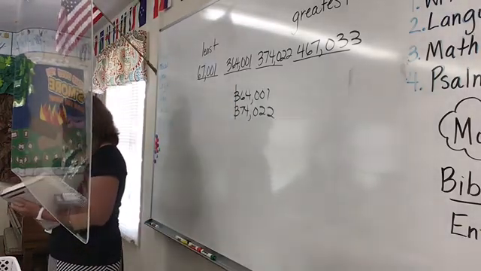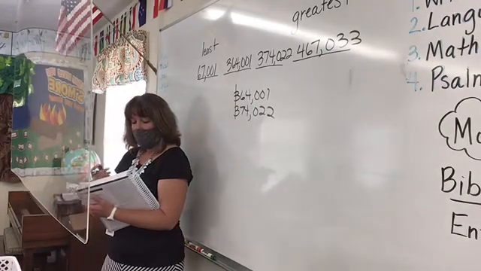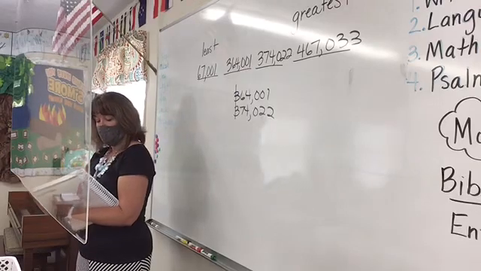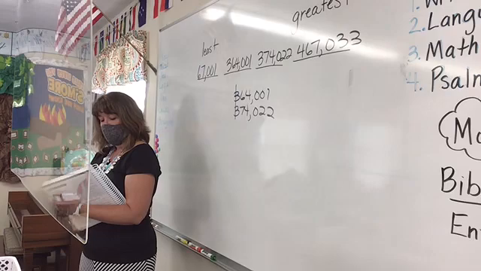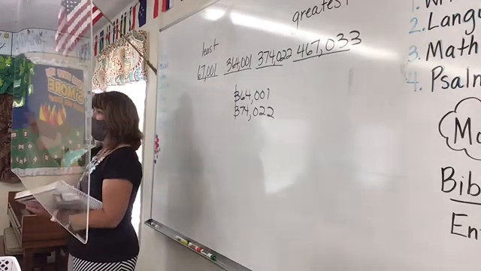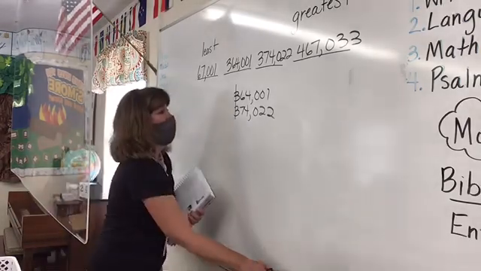Okay? All right, so for number 2, first look at which ones have the least amount of digits. So it looks like 2 of them have 6 digits and 2 of them have 5 digits. So let's compare the 2 that have 5 digits and see which one is the least.